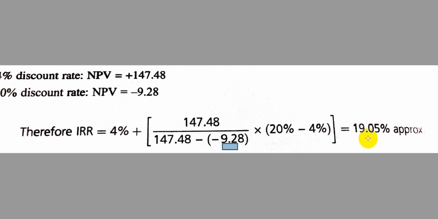This will give us 19.05% to be the internal rate of return that the problem is asking us to find out.